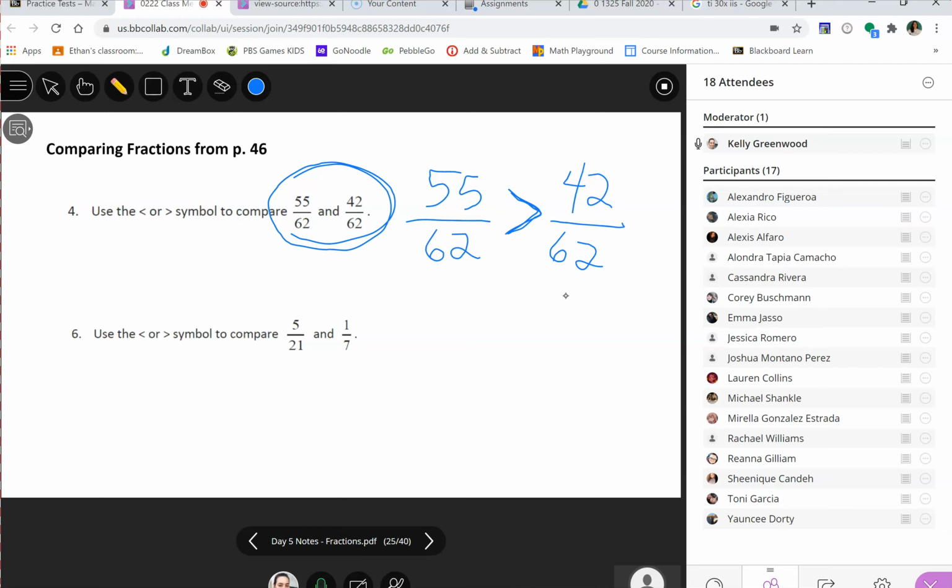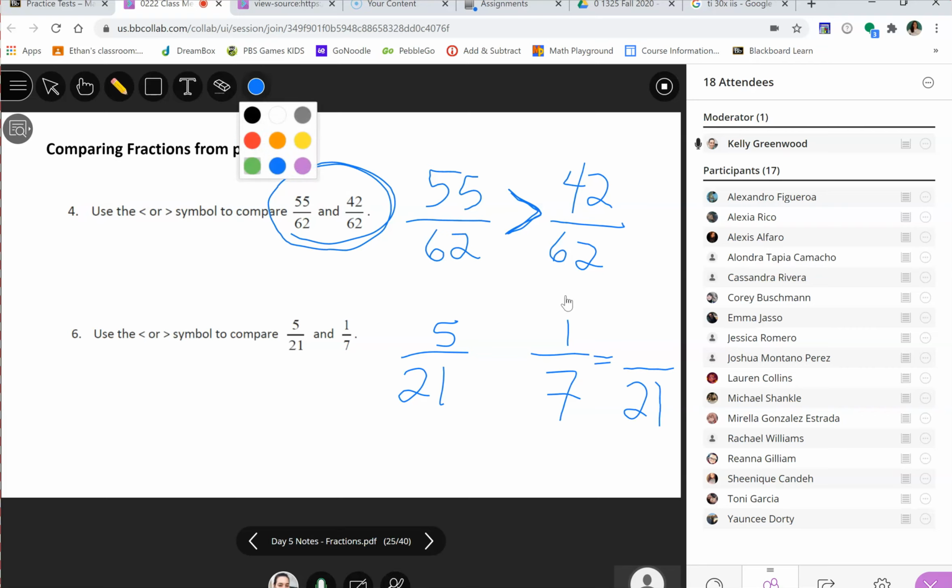It's just bigger. But when your denominators are different, what your notes are having you do is get a common denominator first. So you would have to change the 1 out of 7 to be something out of 21, which you totally can do, right? You practiced that in your breakout groups. You'd say 7 times what number would get you 21?